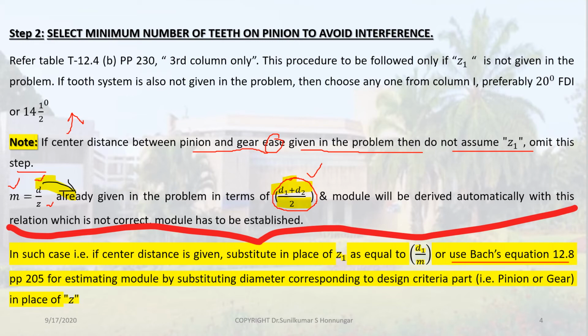Of course, I am going to narrate all those things now. And again z is corresponding to whichever is being designed. If it is a pinion, you substitute the corresponding z if it is given in the problem. If not given, again that has to be replaced by diameter and module only, because m equals d by z or z equals d by m. So you solve that equation to find out the corresponding module. This is going to be step number 2.